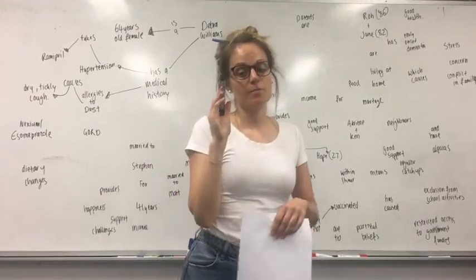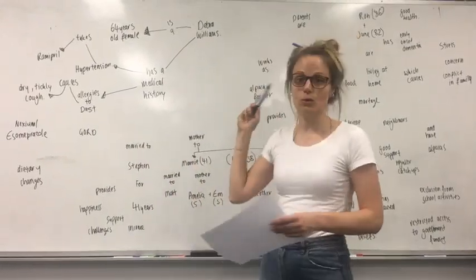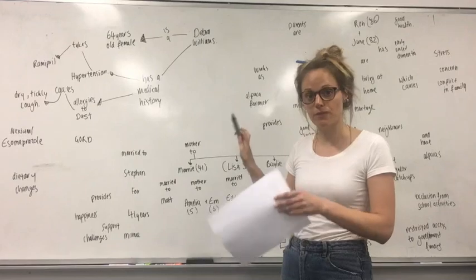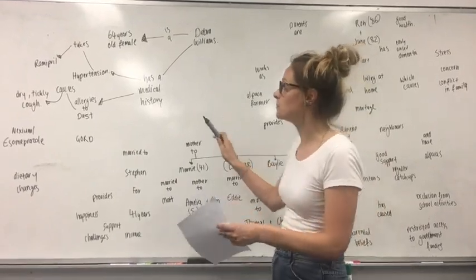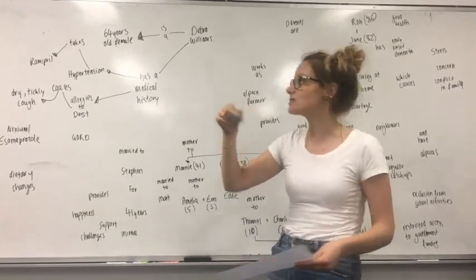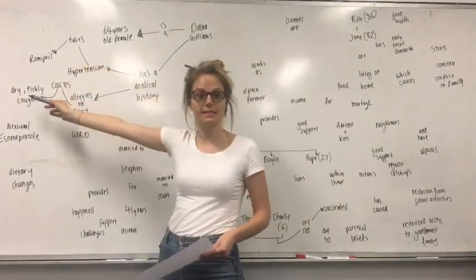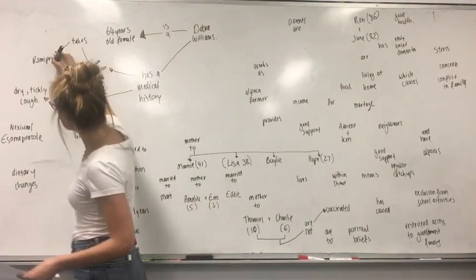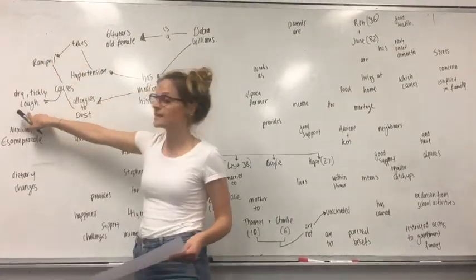Now, this is where a bit of research into your person that you're basing your family-centered assessment on is really important, because one of the most common side effects of Ramipril is actually a dry, tickly cough. So Ramipril causes your dry, tickly cough.